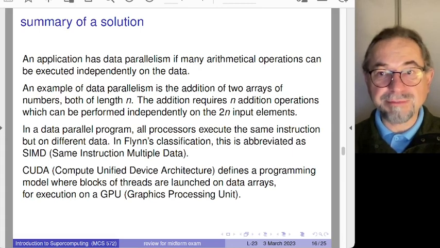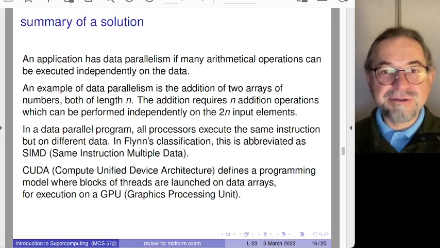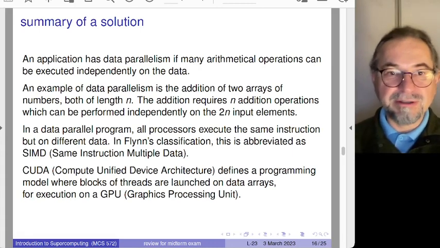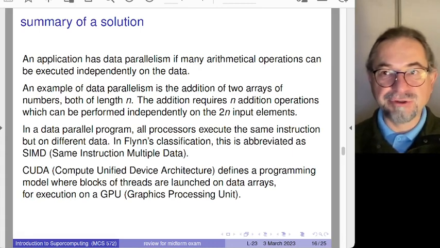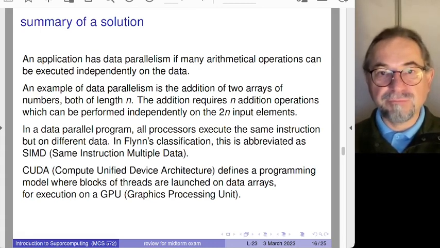So this corresponds to instruction level parallelism. Very early on in the course, we had the classification of Flynn, and this 1966 classification still applies here. So we are executing the same instruction. In the example of vector addition, the same instruction, the add of 2 floating point numbers, on multiple different data elements.